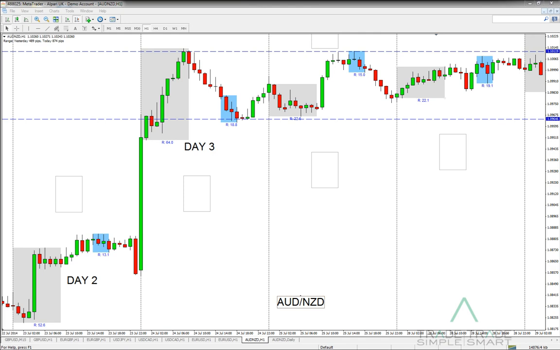Now notice how smart money trade within this range but never break it. Okay, we can see price action trading up and down but not breaking the range.